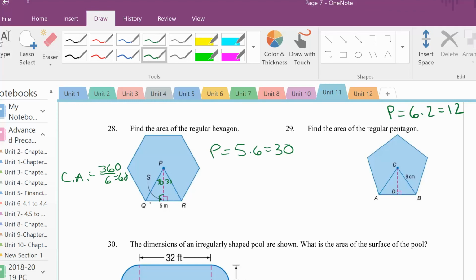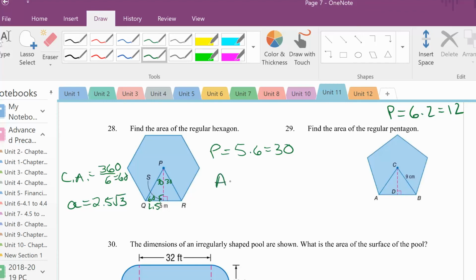And then this would be 2.5, which means that the apothem, because remember this is a 30-60-90 right triangle, is rad 3 bigger than the smaller leg, so the apothem is 2.5 times rad 3.